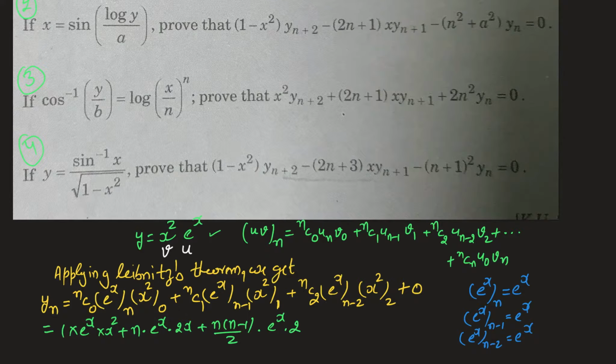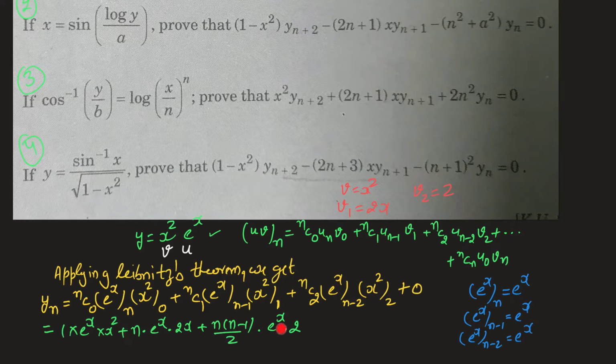Here I can write it down. v is equal to x square, the first order derivative will be 2x, the second order derivative will be 2, and the same thing is substituted here. This is second order, this is first order, and this one is 0 order.